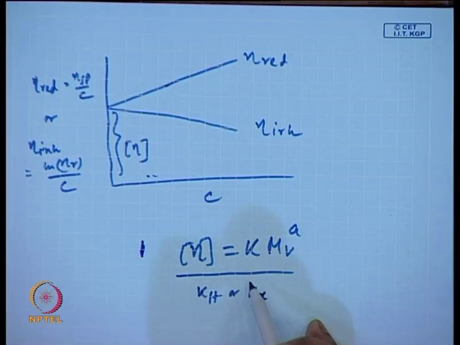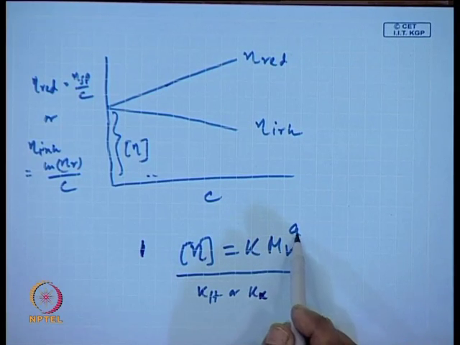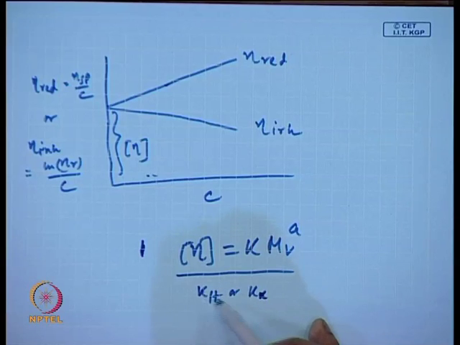And if you do not know K and a, and the Kh or Kk, then the process is to take some few very narrowly dispersed samples of the same polymer and get the absolute molecular weight from any other techniques.